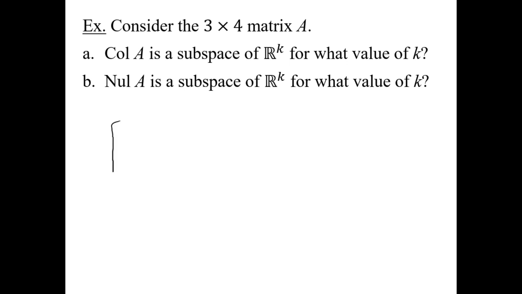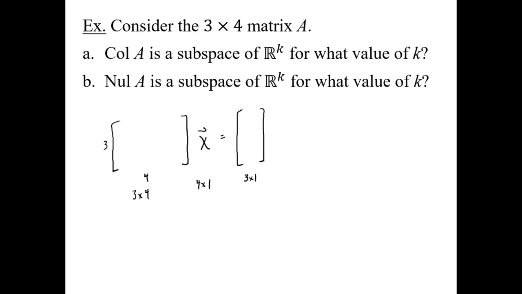So we have a 3 by 4 matrix, and let's consider A x equals something over here. Now again, if this is a 3 by 4 matrix, that means that x is going to have to be a 4 by 1 matrix in order for those sizes to match up. And if we do that product, the result's going to be a 3 by 1 matrix.